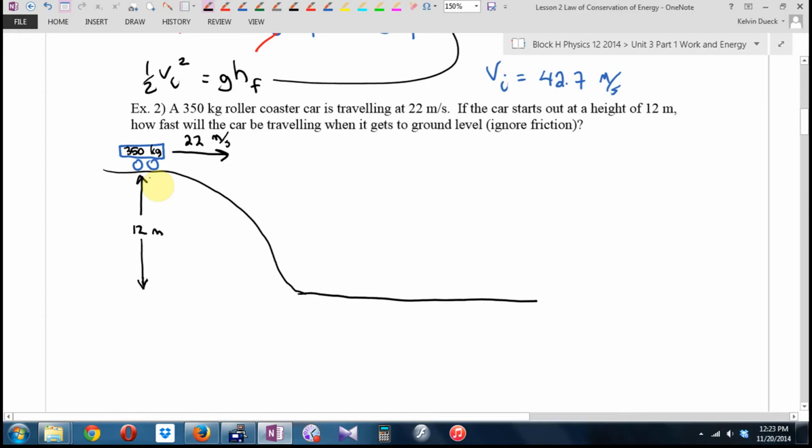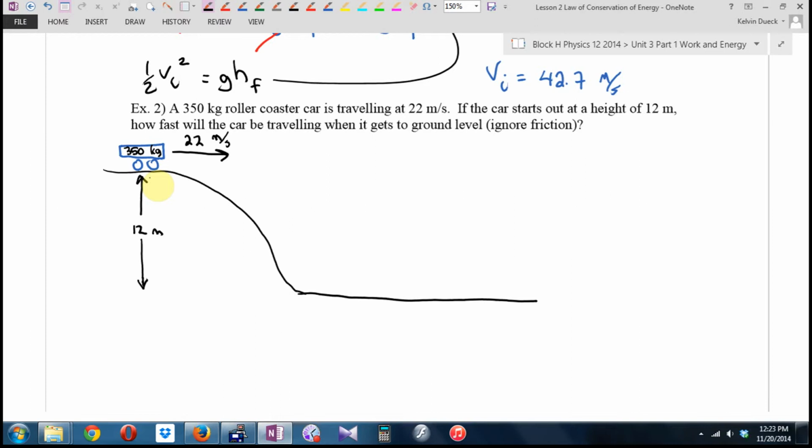Alex, what's this question want me to find? How fast? You'll notice this time I was a bit more careful. I didn't say what velocity, I just said how fast, which doesn't necessarily imply a vector. Is this saying how much work? Is there a change in height? Is there a change in speed? Is there a yucky curvy path? Yeah. This is a job for conservation of energy. Is this question mentioning friction or heat? Does it want me to include friction or heat? Oh, it says ignore it.